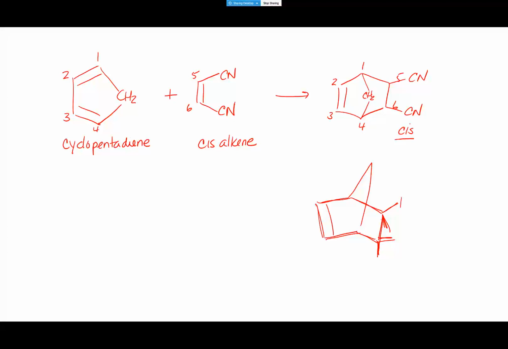So there are equatorial positions and there are axial positions where the CN groups could go. And then there's a CH2 group up here.